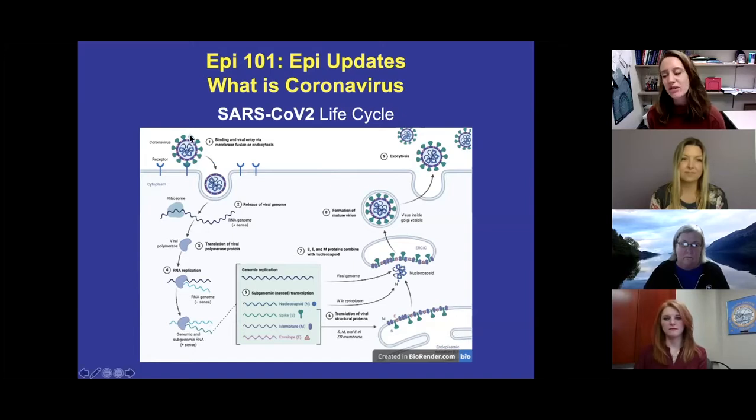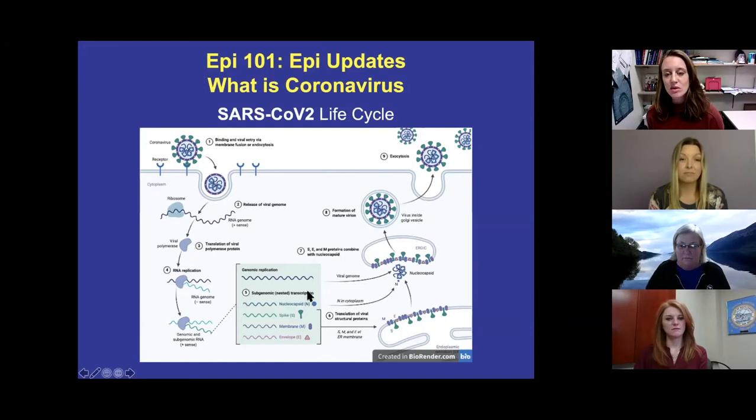Specifically, these would be the epithelial cells in our lungs and our respiratory tract. And that causes the cell to internalize the virus. And once the virus gets inside of our cells, our host cell machinery copies the genome and translates the proteins in order to assemble new copies of the virus.